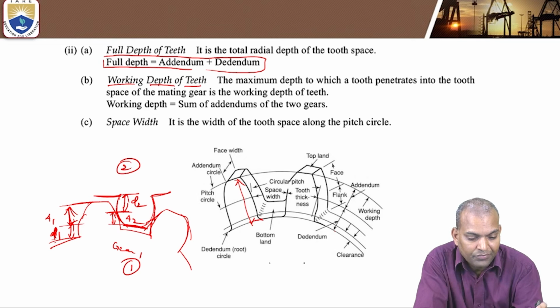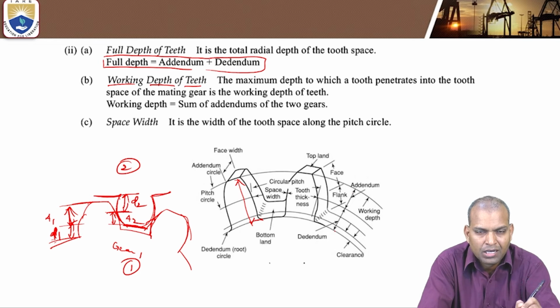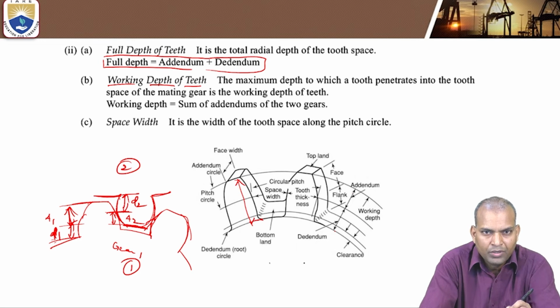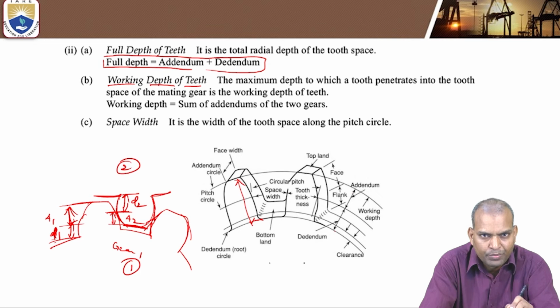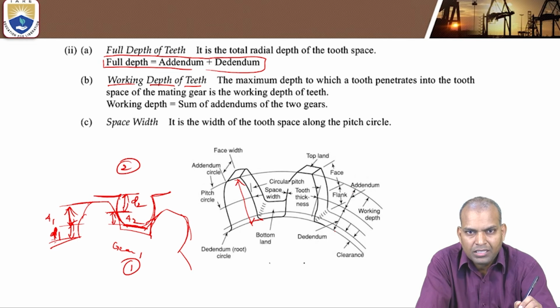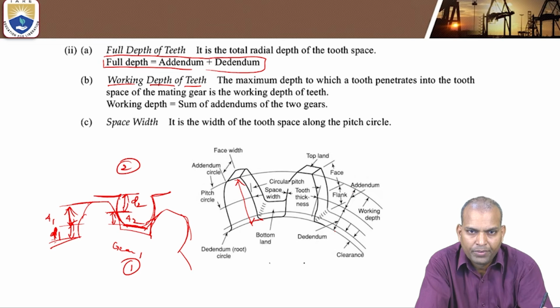This working depth of teeth is very important in order to transmit the torque from one shaft to another. If the working depth is not proper, then slipping occurs between two mating teeth. Proper working depth helps in transmitting the torque from one shaft to another without slipping.